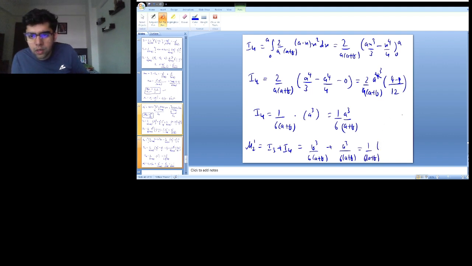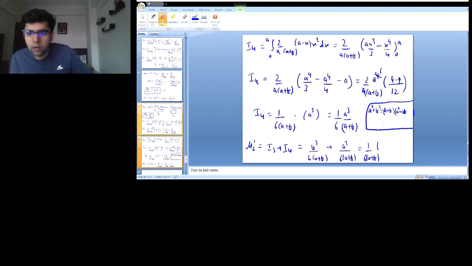Now using the identity for a cube plus b cube, a cube plus b cube is equal to a plus b into a square minus ab plus b square.